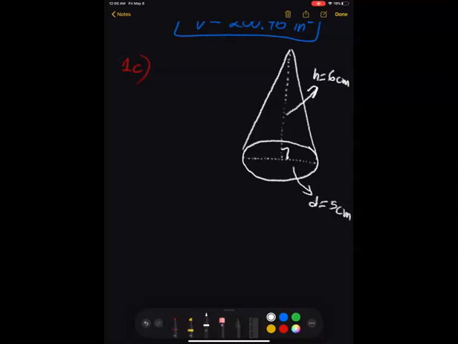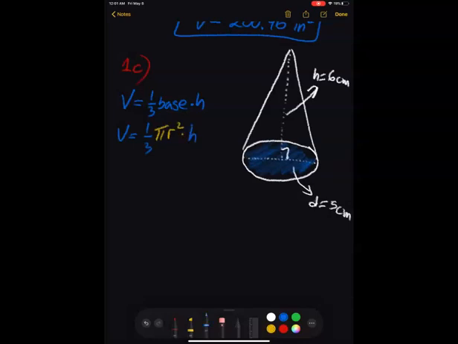Let's rewrite what we know. The volume of a cone is 1/3 times base times height, and our base is our circle, so I'm going to color in this circle right here. The area of a circle is pi r squared, times our height.